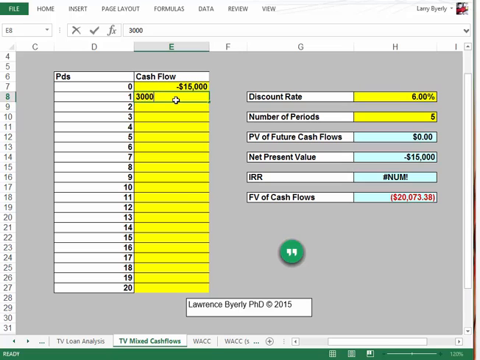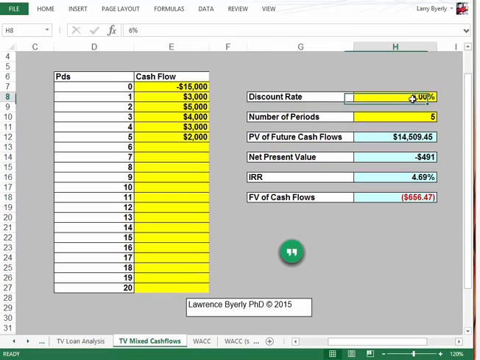They receive $3,000, $5,000, $4,000, $3,000, and then $2,000. So there are the cash flows: 3, 5, 4, 3, and 2.